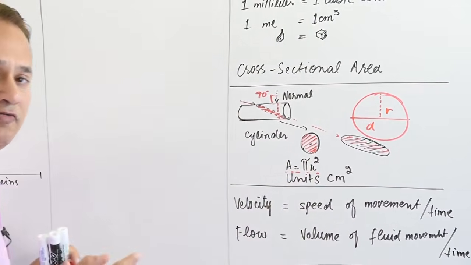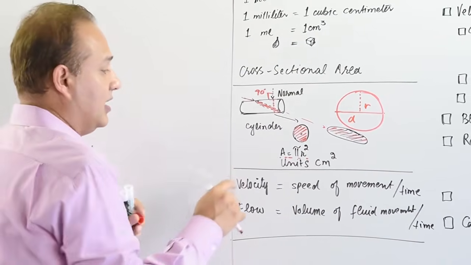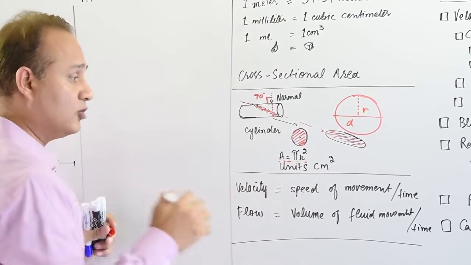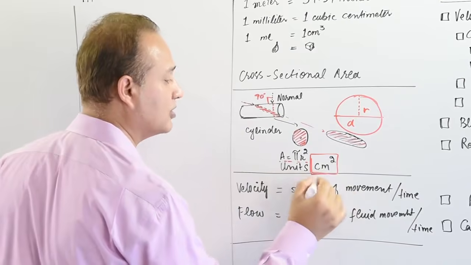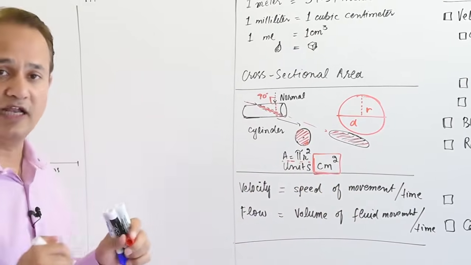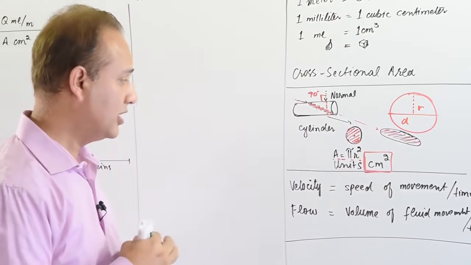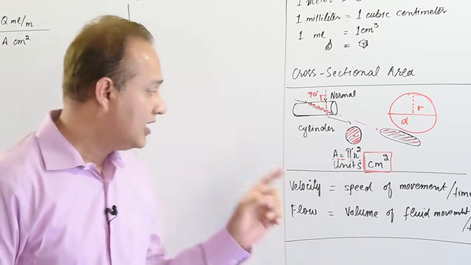And I'm going to use the value of pi as 3.1415. The units of the cross-sectional area which are pertinent to us today are going to be centimeter square. Again, you can decide what units you want to work with, but within physiology, within hemodynamics, centimeter square is a decent enough unit to work with. So that is a cross-sectional area. Keep that in mind as well.